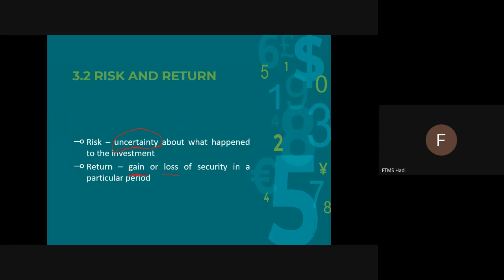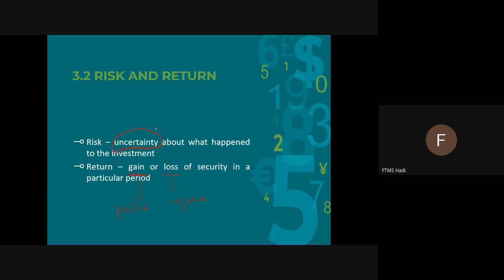I want you to correct your mindset that return is not necessarily profit. Loss can also be a return, but it is a negative return, while gain is a positive return. So return means what you get back from your investment.